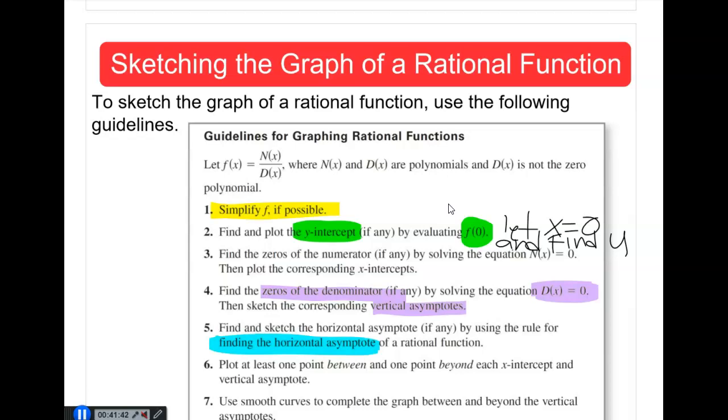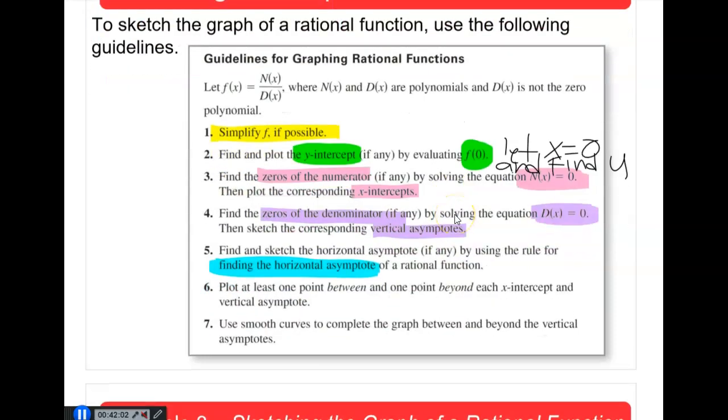And remember, those are also the x-intercepts if they're real numbers. That will be by solving the numerator. And that's how you find the zeros, the solutions, the x-intercepts, if they're real numbers, of course.